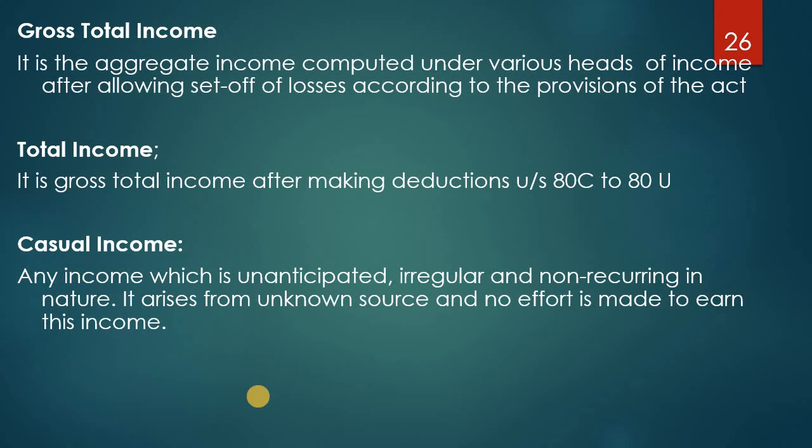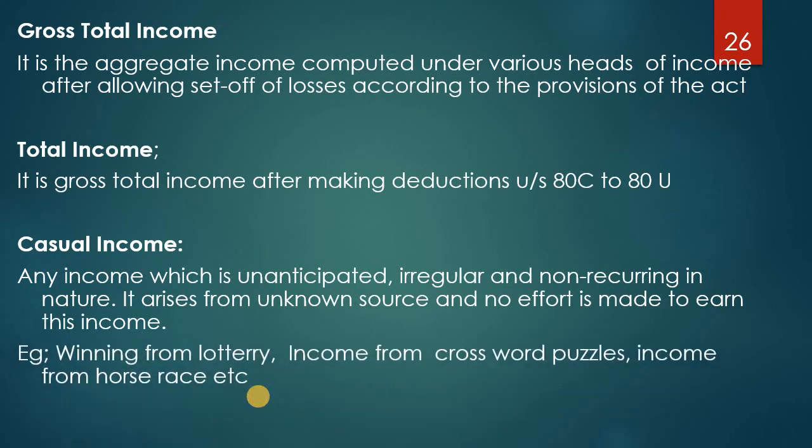It is non-recurring, in the sense that it will not occur again and again. It arises from an unknown source, and no effort is made to earn this income. We do not know from which source it will come. Such income is known as casual income.